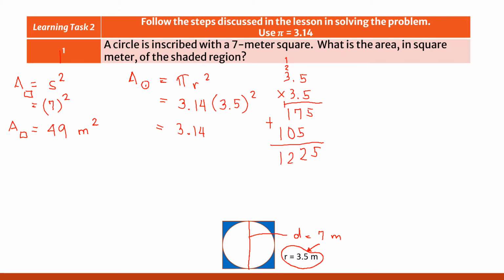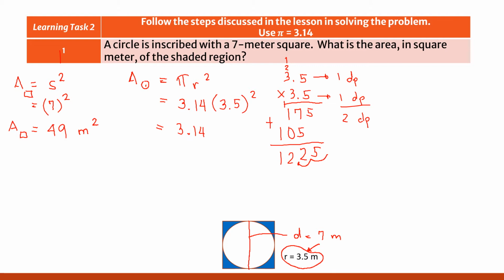If you look at the problem, meron tayong 1 decimal place dito. Sa baba, another 1 decimal place for a total of 2 decimal places. Kaya naman from the end, move 2 places to the left. So nagkaroon tayo ng 12.25.